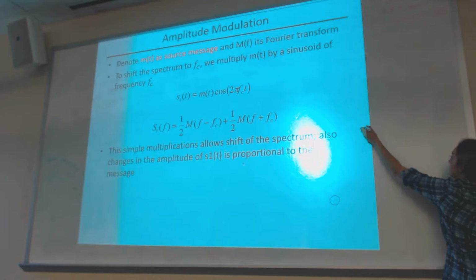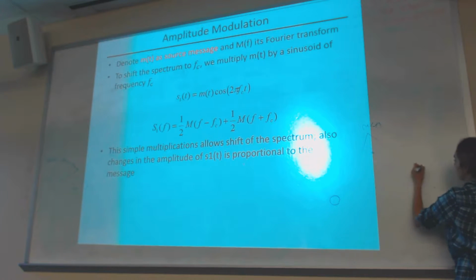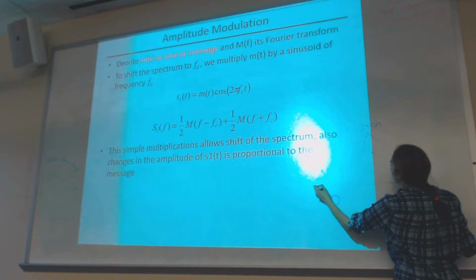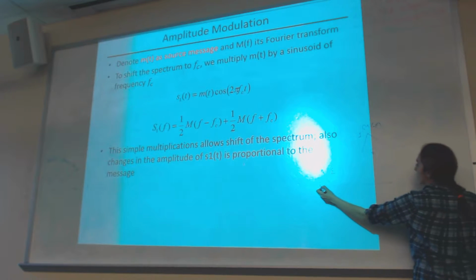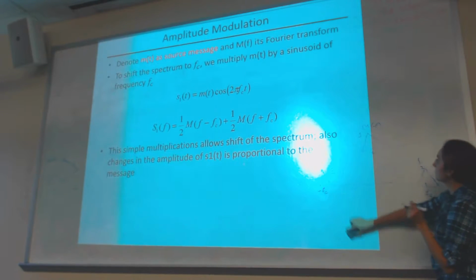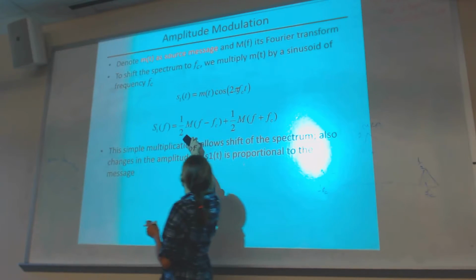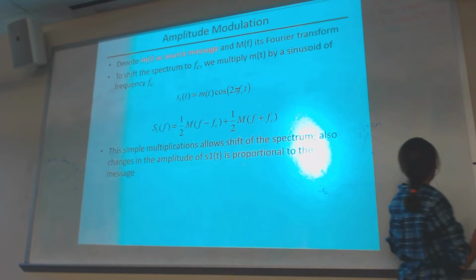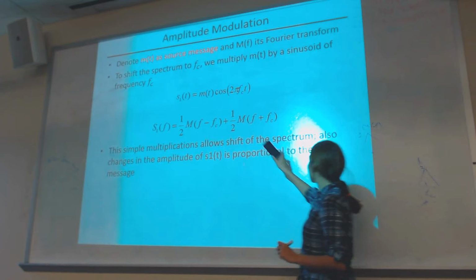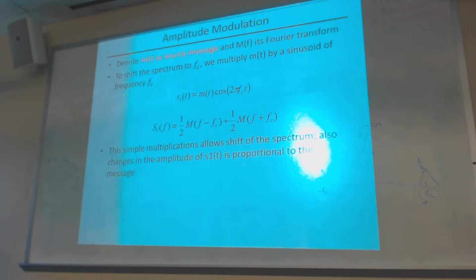Basically, if this is M of f, you shift it to the right and to the left, and there is a 1/2 here, 1/2 there, at fc and minus fc. So this is exactly this one. After modulation, this is your spectrum, which is in the higher frequency. And fc is called the carrier frequency, the high frequency that carries your signal. So this simple multiplication allows a shift of the spectrum, and it also changes the amplitude, proportional to the message.